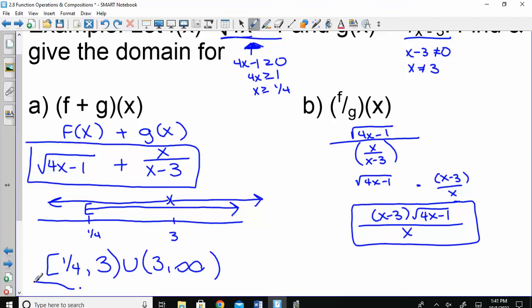No, if I'm already 1/4 or bigger, it doesn't include 0, so my domain is the exact same thing this time. Any questions so far?